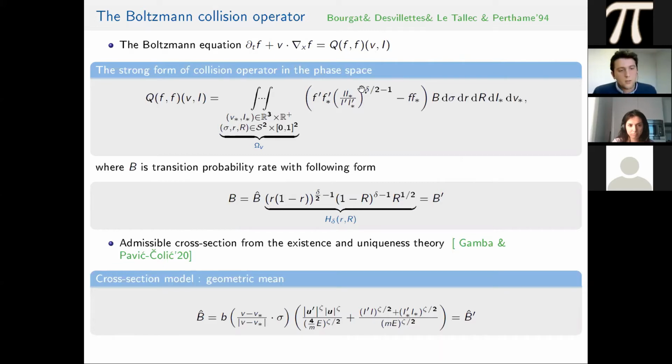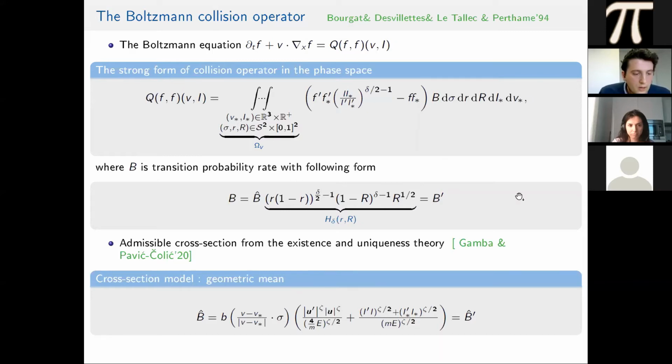Another problem is that we need to think about what the cross section should actually be, because in the monatomic case it's very simple. We just choose the relative velocity to some power.